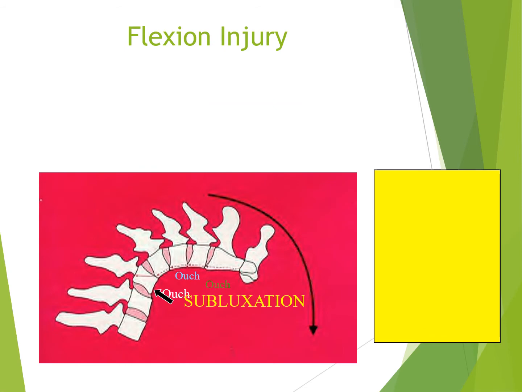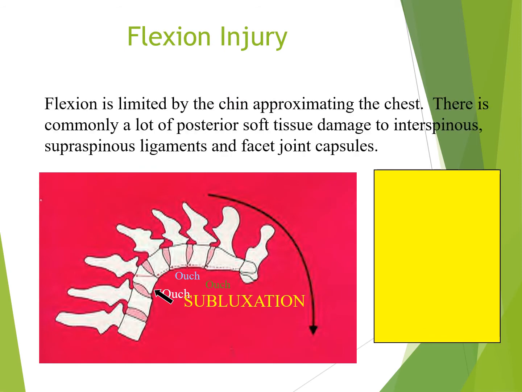Okay. The flexion injury is caused by forced flexion of the cervical spine, and when that happens, what it does is it focuses all the pressure of that forced flexion into the anterior parts of the spine, in particular the vertebral bodies and the intervertebral discs.